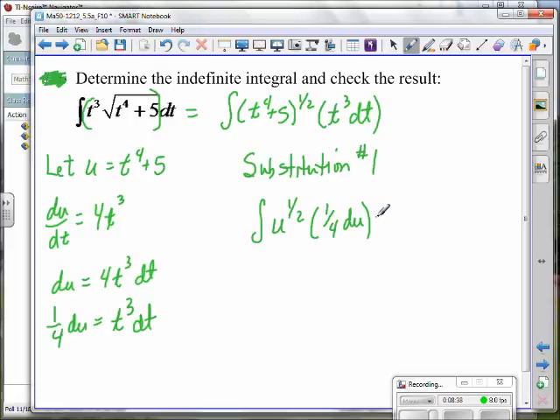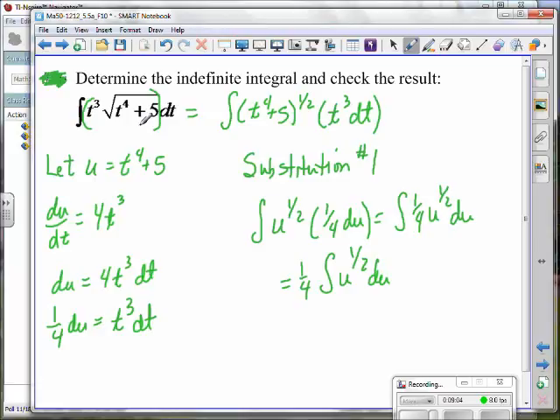Now, what do you know about a scalar in a problem? I could write this as 1/4 u to the 1/2 du. I could also, because we had a rule back in 5.1 that says if you have a scalar, you can actually pull it out in front. That happens with a lot of our math work. Is this an easier problem to work now? Much easier.